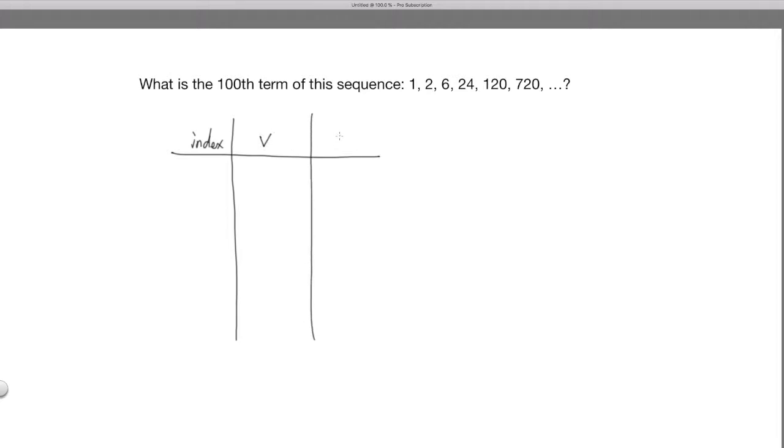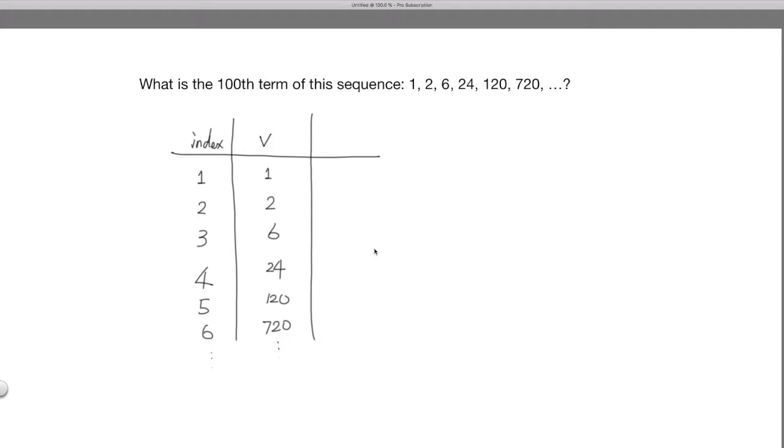In the third column, we don't know what that's going to be yet. So the index will be 1, 2, 3, 4, 5, 6, and the values are 1, 2, 6, 24, 120, 720, and so on.